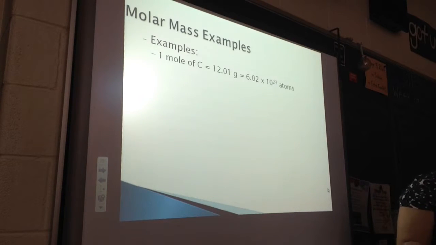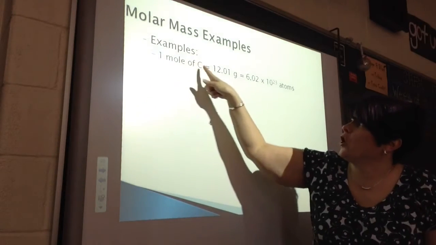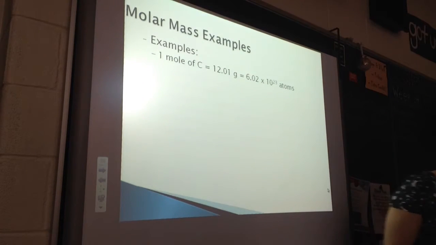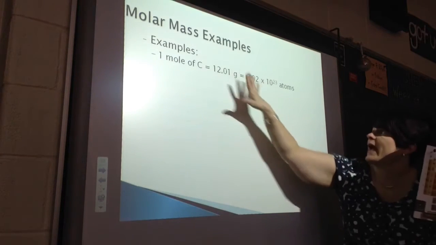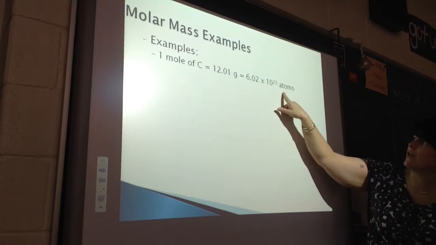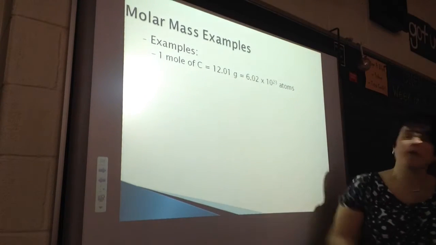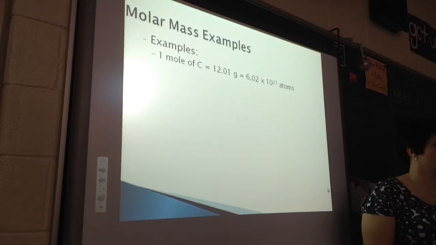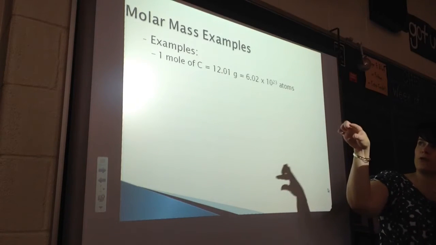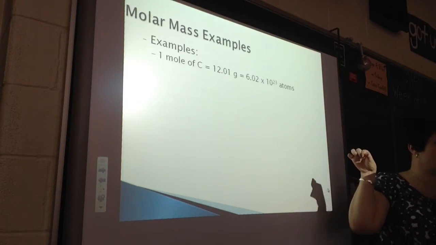If you have a mole of carbon, and we assume that it's the form that's on the periodic table, not some other isotope, that means that you have 6.02 times 10 to the 23rd atoms, and that means that you have 12.01 grams. I basically have just written in a linear fashion what we already said.